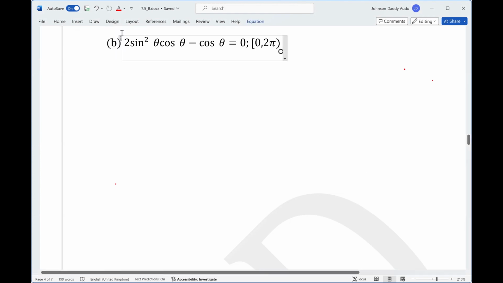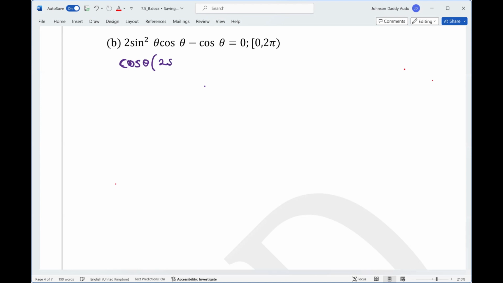So over here we can take cosine theta as a common factor. So we have cosine theta, and this will be 2 sine squared theta minus 1.